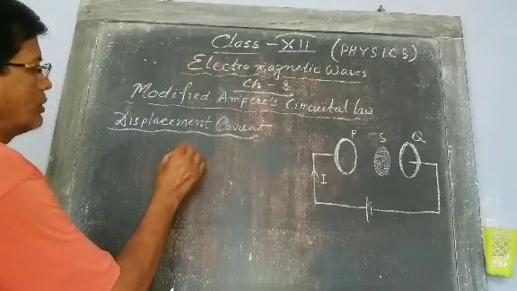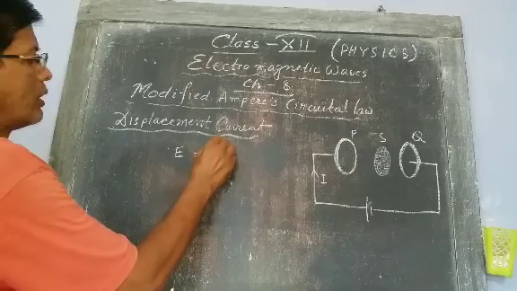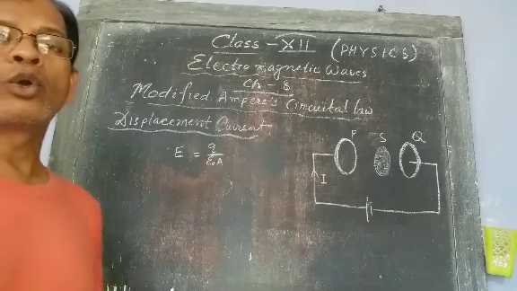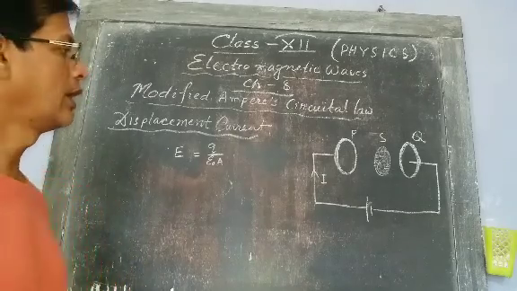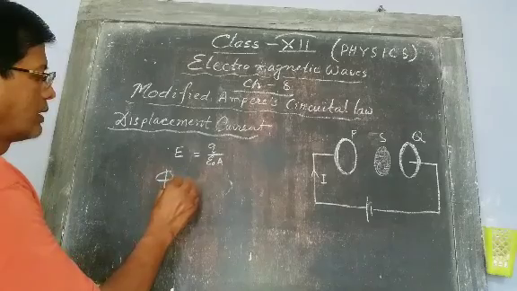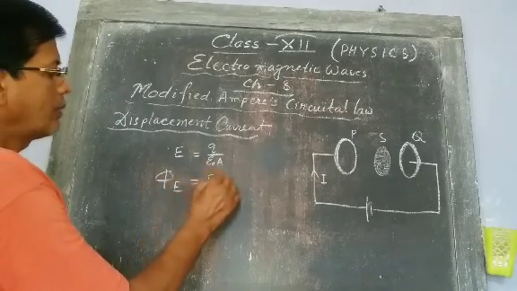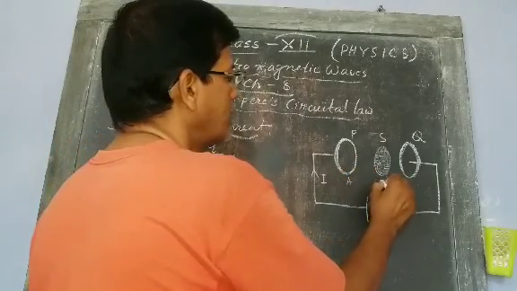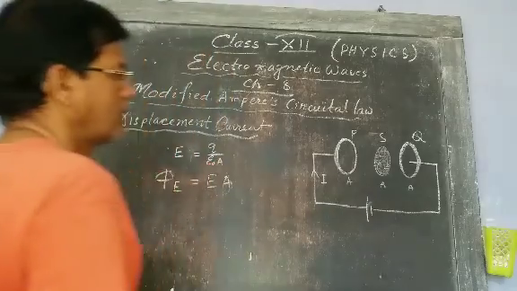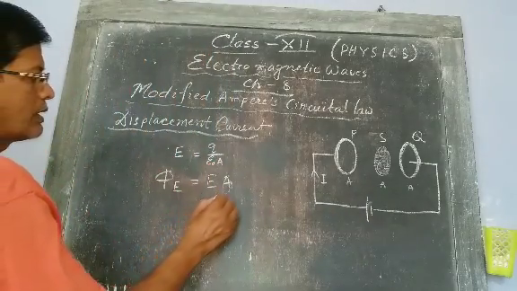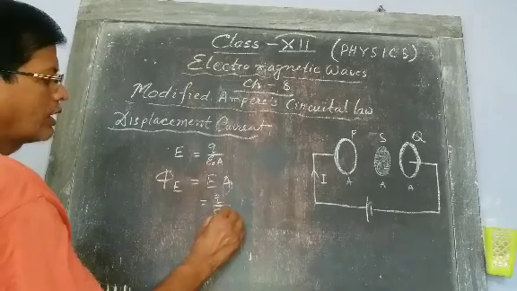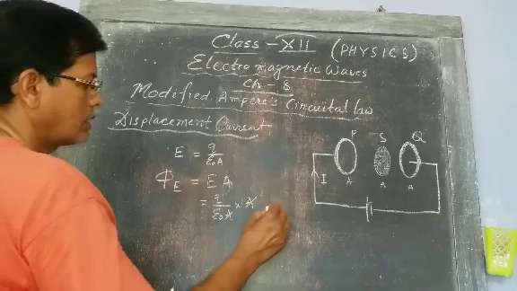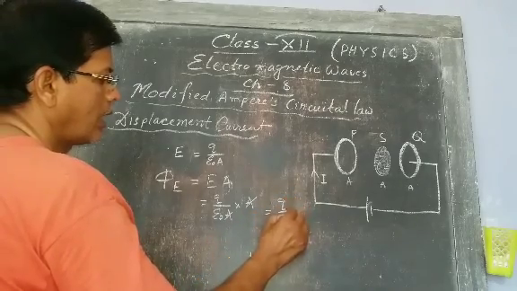This is E equal to Q by epsilon naught A. Now, what is the electric flux? E into A, where the area is A. So it becomes Q by epsilon naught A into A, A and A cancel, so phi E equals Q by epsilon naught.